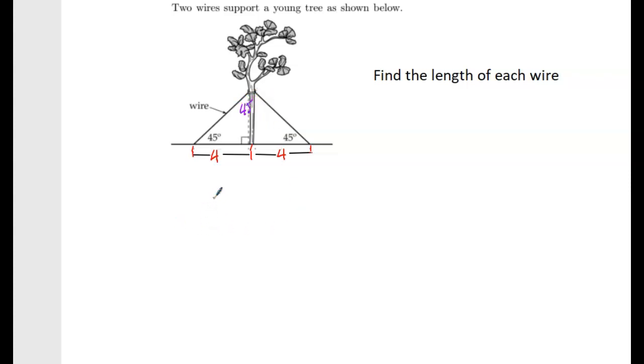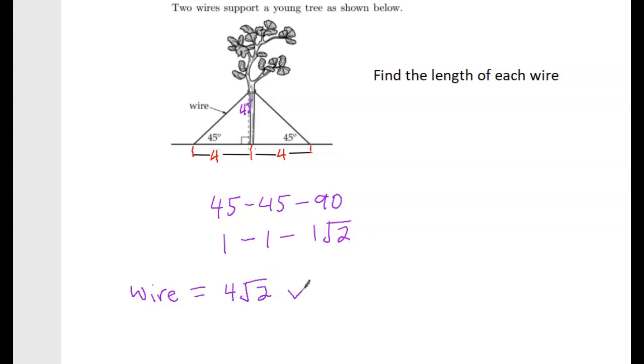If that is the case, we can use a special triangle, since that's what we are learning about right now, and it becomes 1, 1, root 2. Now we have been given the 45, so for us to find the 90, the wire is just going to be 4 root 2. And we are done. So each of the wires is going to be 4 root 2.